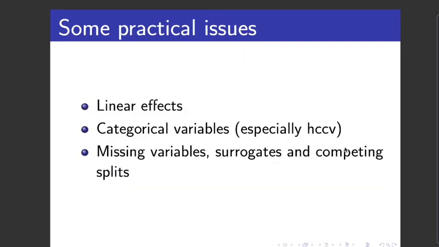Let's talk also now about categorical variables, especially high-value categorical variables. Can you imagine what would happen if you put postcode down a decision tree? It will certainly always split because each postcode splits the data into very small pieces.